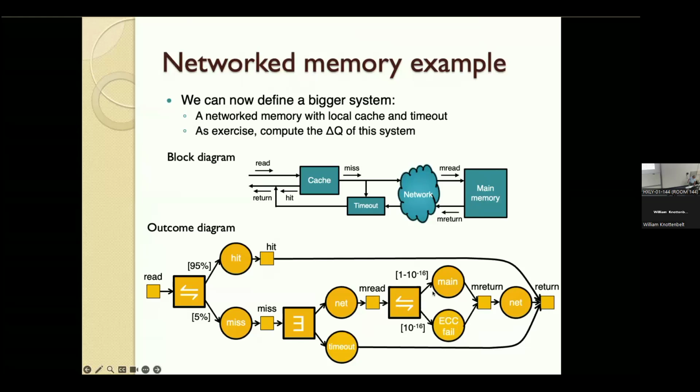And so we can add a probabilistic choice here to model the fact that the main memory read might fail, okay? And it doesn't matter that this value is very small. When we compute the overall delta Q, we can actually compute what is the effect of this 10 to the minus 16 on the overall read, where you have the timeout and the cache. How does this ECC failure affect this? So this is something we're going to show later, okay?